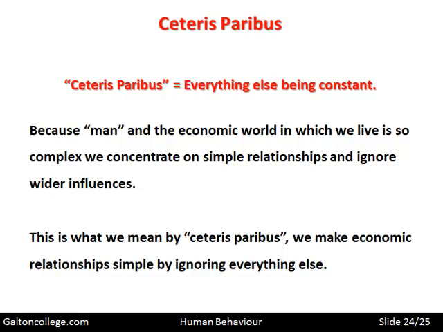But it is an assumption. It is just a way of simplifying the complexity of the world in which we live. And that may not be valid, because when we've simplified it, we've moved into a world in which we don't live. We've moved into a very abstract world, a Ceteris Paribus world.